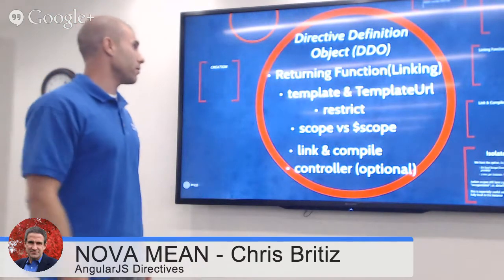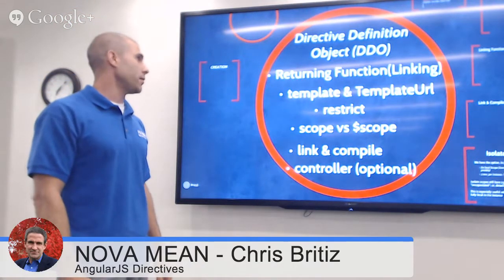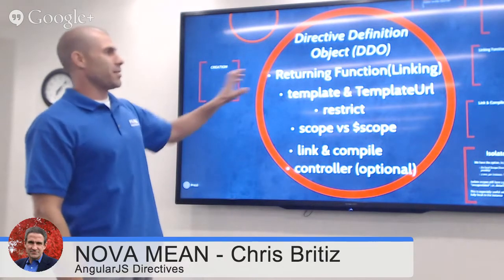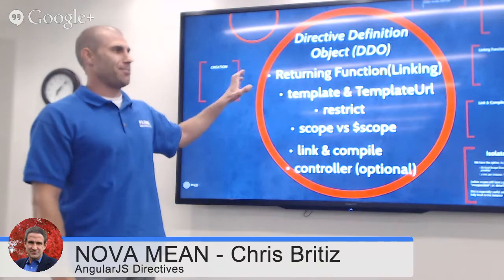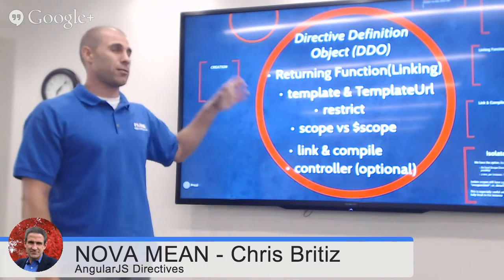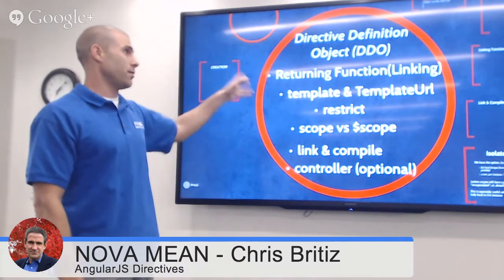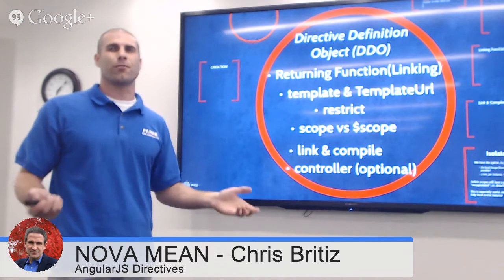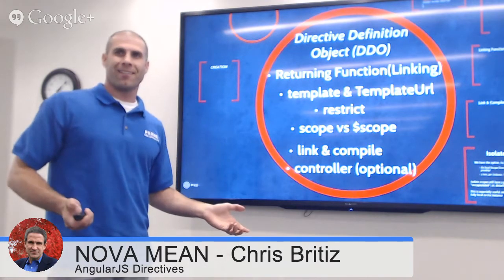And so the directive definition object, the DDO. You can find that it's called a DDO deep in the documentation. If you look in the Angular documentation, you go into $compile and you find this directive definition object. Who's heard of a directive called the DDO? Yeah.